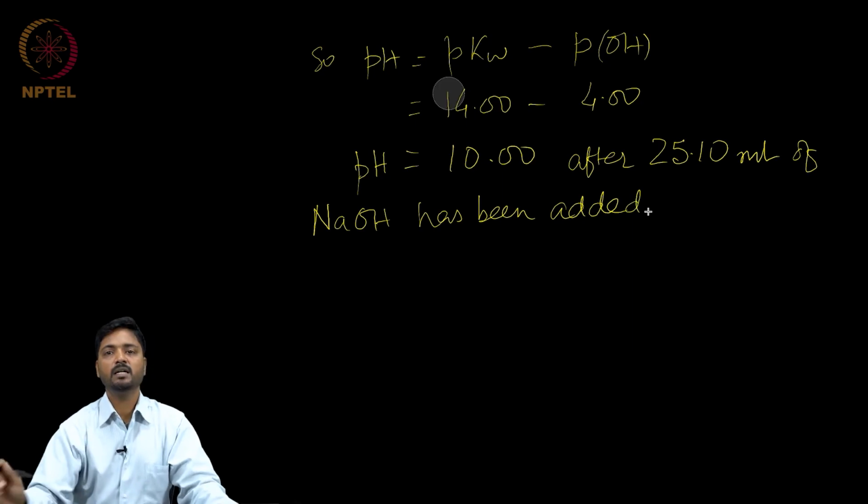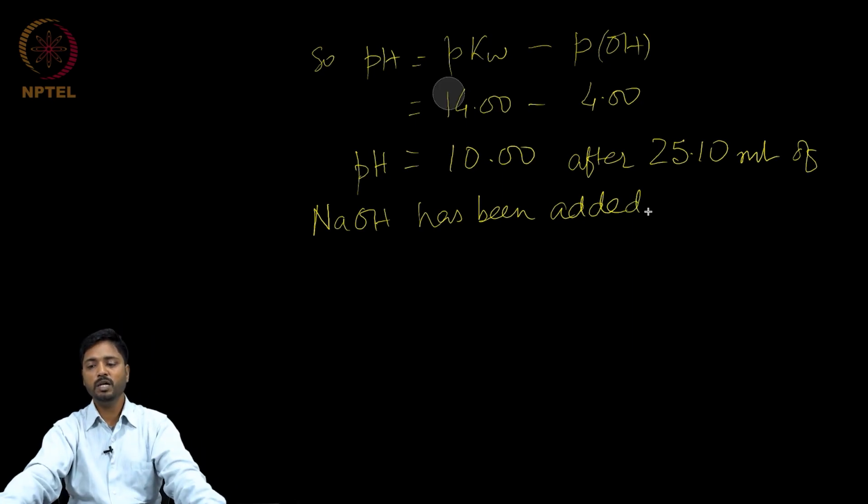So, we see here that only 0.1 ml addition of sodium hydroxide in excess suddenly increases the pH of the medium by about 3 pH units. So, it is amply clear from this that near the equivalence point we see the strongest changes in the pH of the medium as the strong acid and the strong base are titrated.